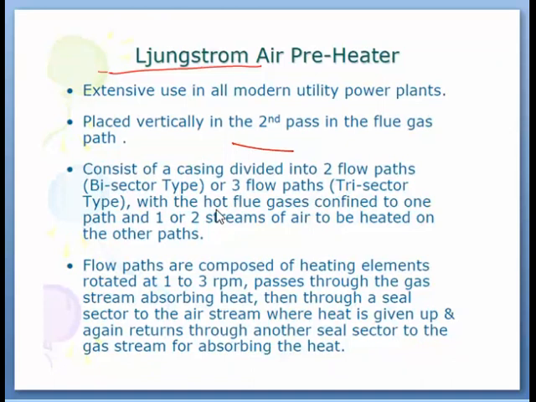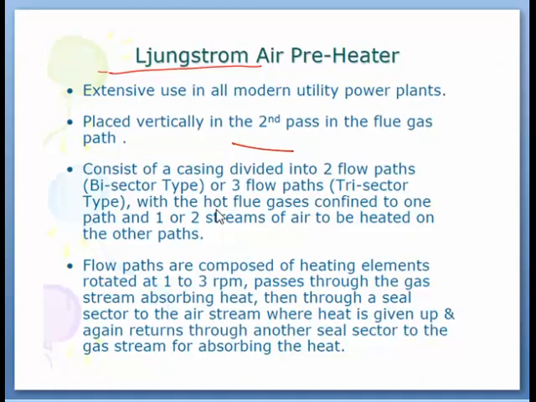half rotation. That heat absorbing media comes across the hot fluid, that is flue gas. It absorbs, then it rotates and goes to the second pass where the cold air is coming. This storage media loses its heat to the cold air. Cold air gets heated.